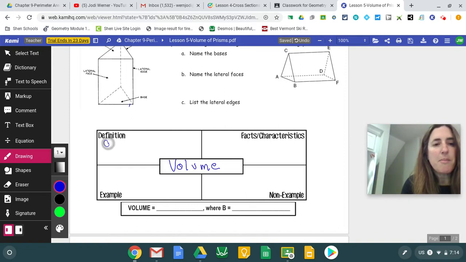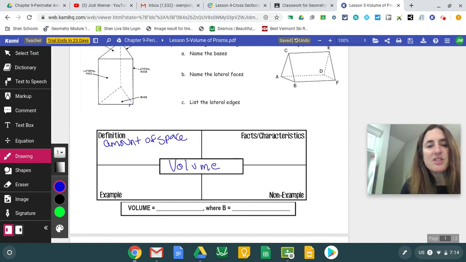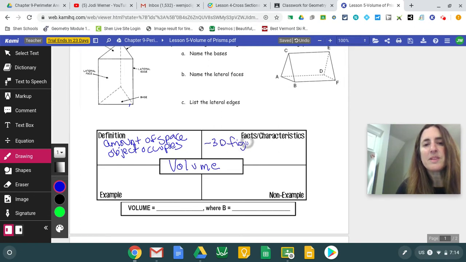So it's the amount of space that a substance or an object occupies. Now, you need a 3D figure to have a volume, and our units this time are going to be cubed.